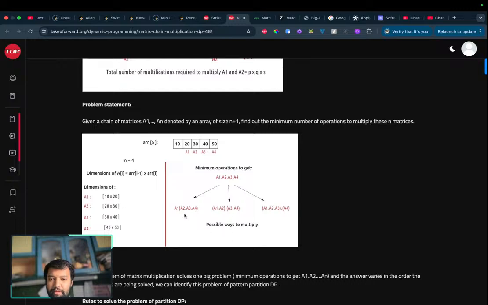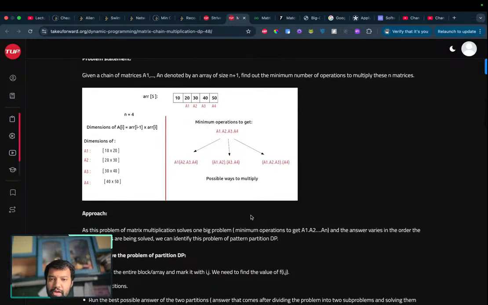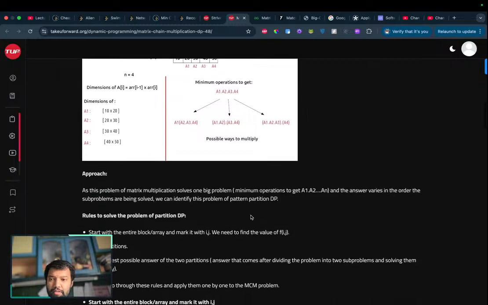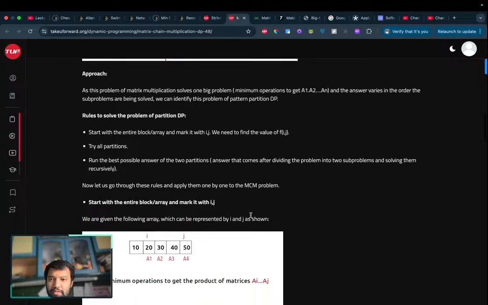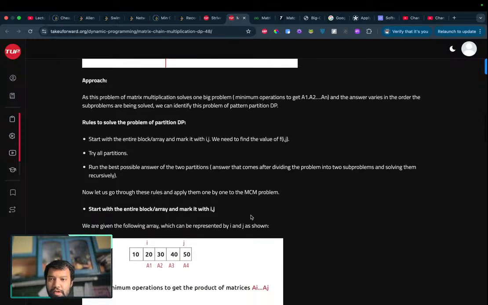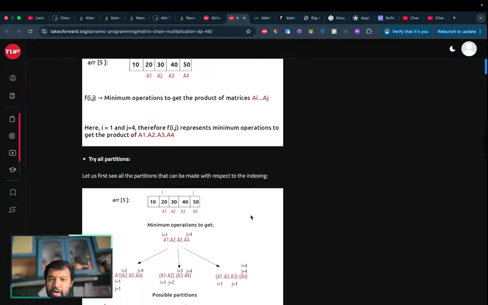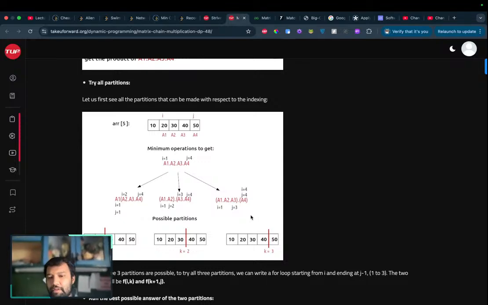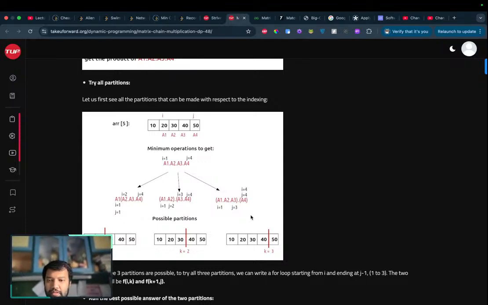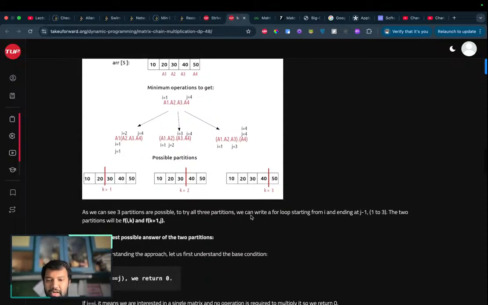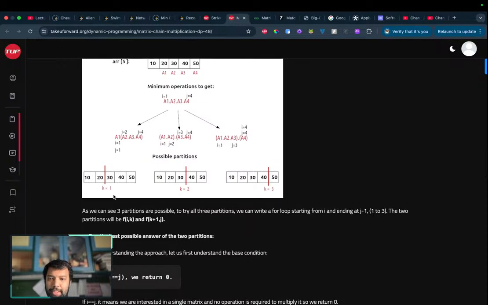Okay, easy, easy, easy. Start from k equals 1.